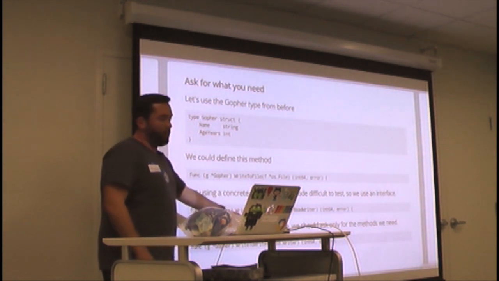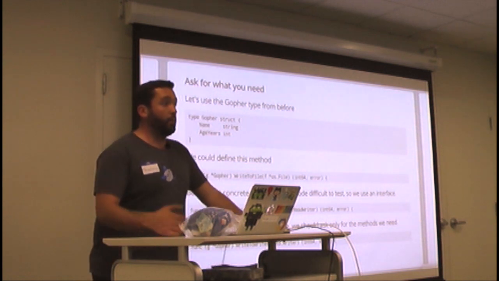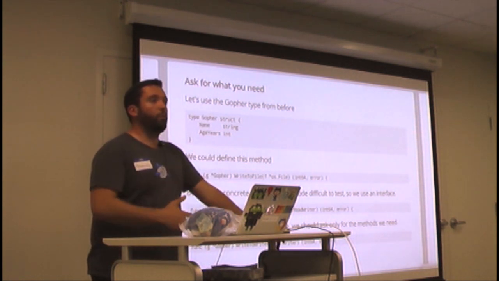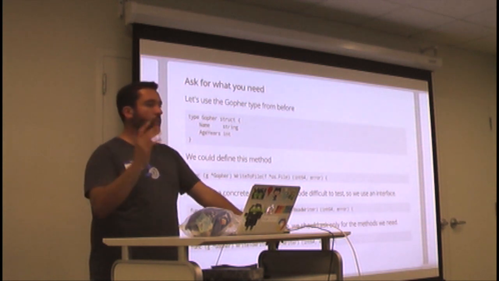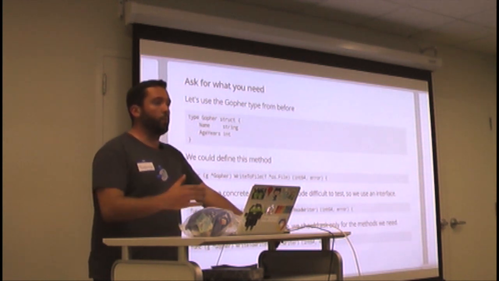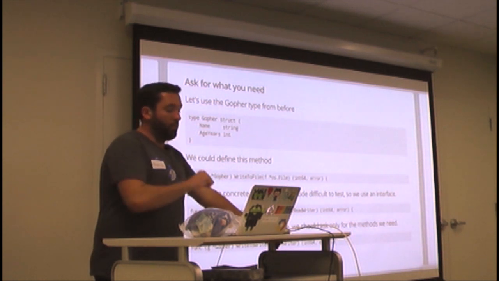And now what it means is that write to writer will allow you to write that Gopher into a file, into a connection, into a zip encoder, or whatever you want to use. So it's really important to have the smallest interface that you can as your input.